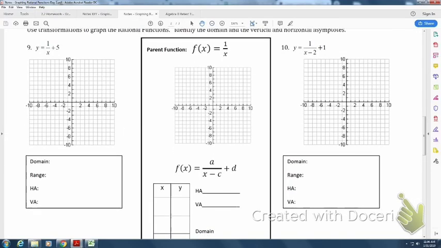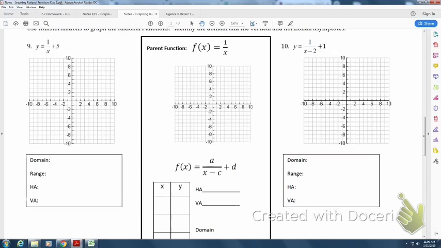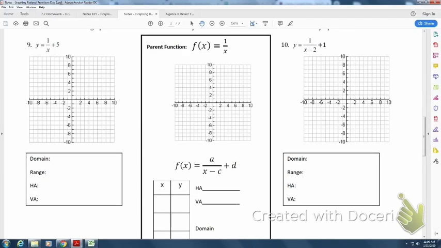Let's go to the one on the left. Casey, what would my vertical asymptote be? X = 0. So once I have my vertical asymptote, I can write that. I can also write my domain. Grant, what's my horizontal asymptote?